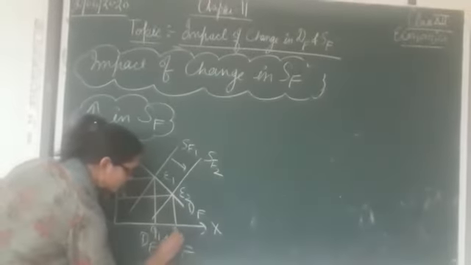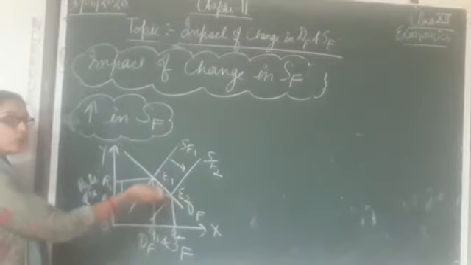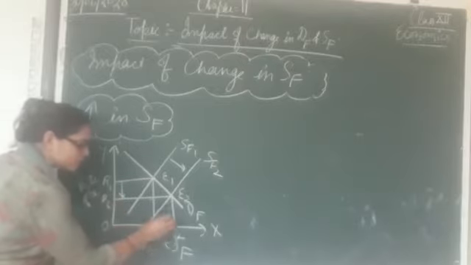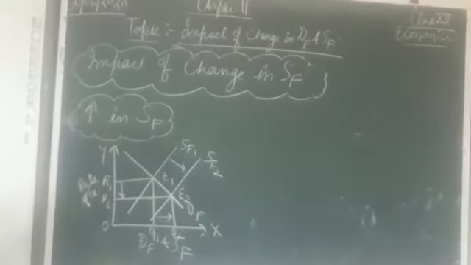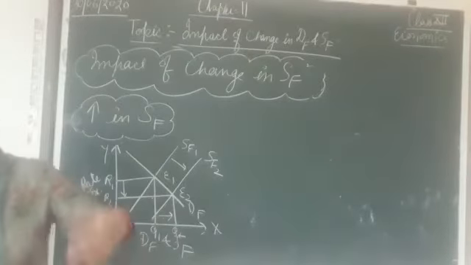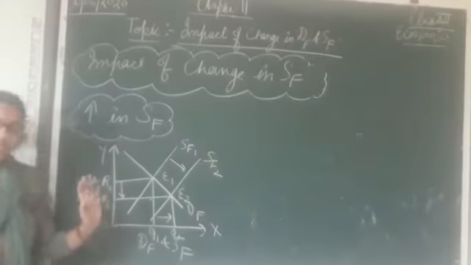Earlier the quantity was Q1, but now the quantity is Q2. Clear? Here you can see due to increase in supply, the rate is decreasing and quantity is increasing. When the supply is increased, no doubt quantity will also increase, but due to more supply than demand, there will be a decrease in the price or the rate of exchange.